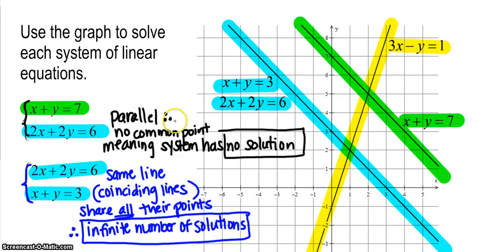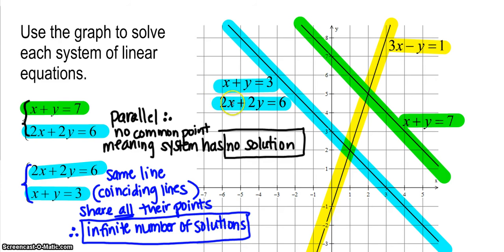Then we looked at special cases in which lines would be considered to be parallel to one another and not intersecting. That would be the green line and the blue line. When you have parallel lines, there is no solution. Then we looked at coinciding lines. Coinciding lines are equations whose lines are the same.